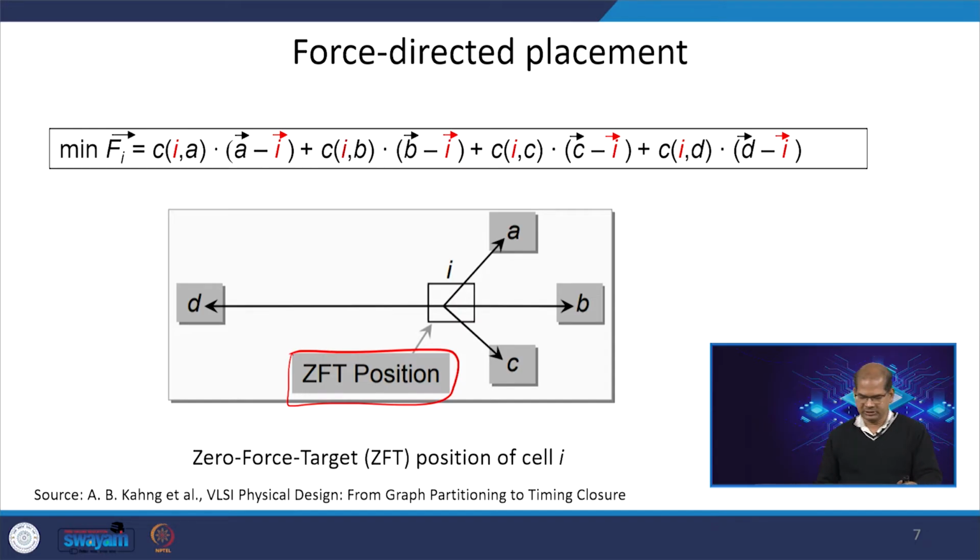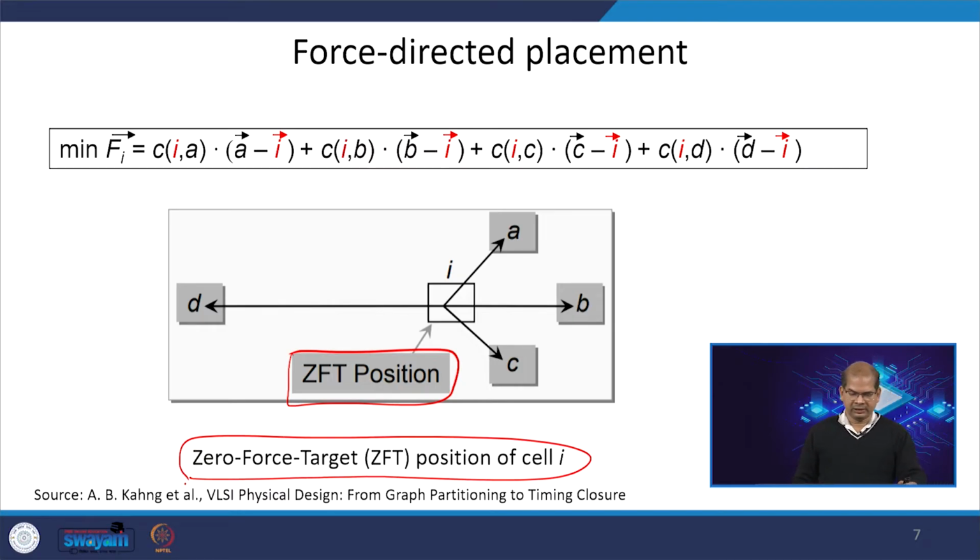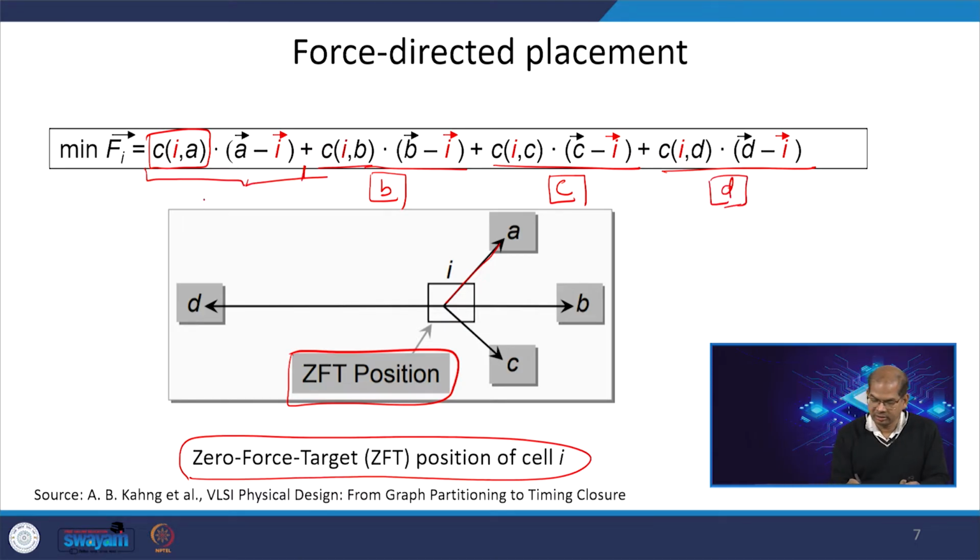The ZFT position is the zero force target position of the cell I. We have C_IA, the connection between I and A, times the vector A minus vector I. Similarly, I can do it for the other blocks B, C and D. This one is for block B, this for block C, this for block D and this one is for block A. Now, we have a combined force, and I want to minimize that.